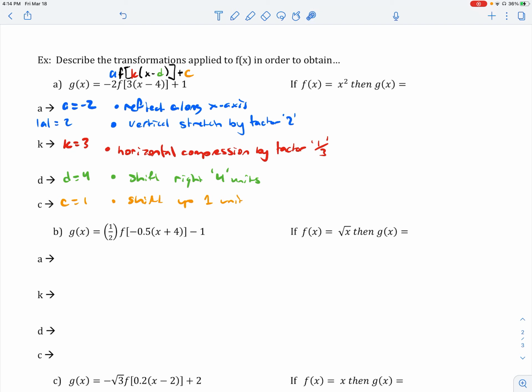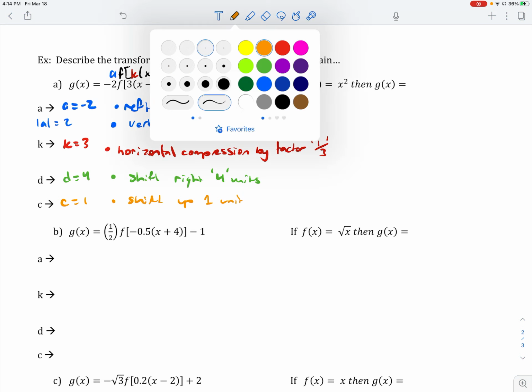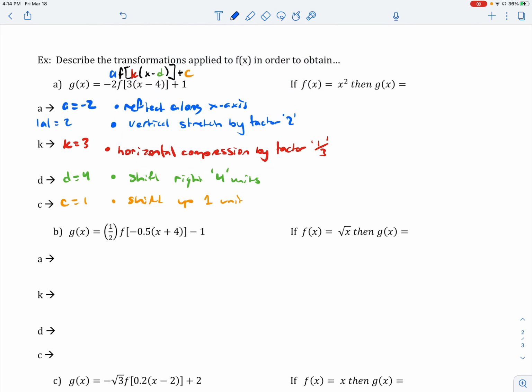So using our function notation right here, I can actually come up with an equation for g of x, because right now this just says what to do to f of x to get g of x. But if we're told f of x is x squared, now let's actually get the equation for g of x. So we know we have to multiply everything by negative 2.